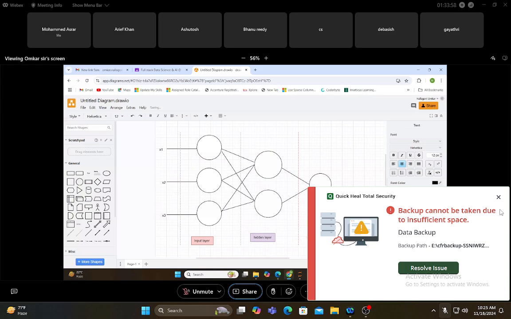So the three layers are input layer, hidden layer, and output layer.